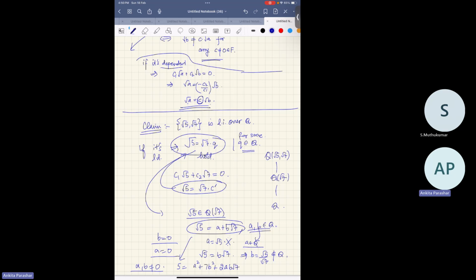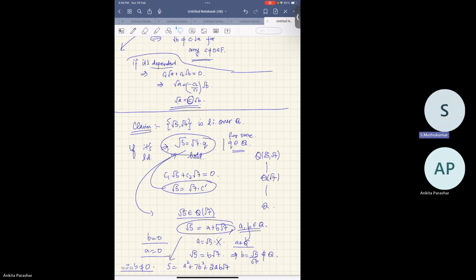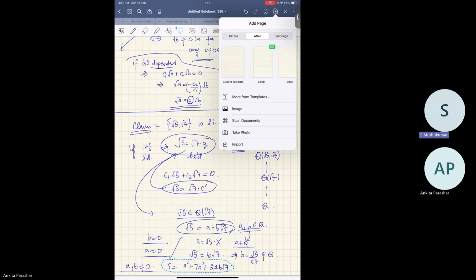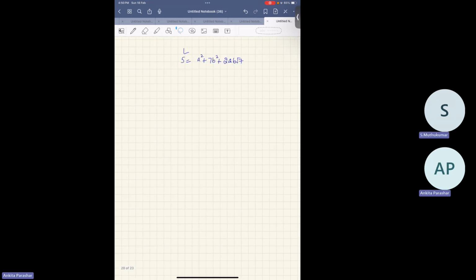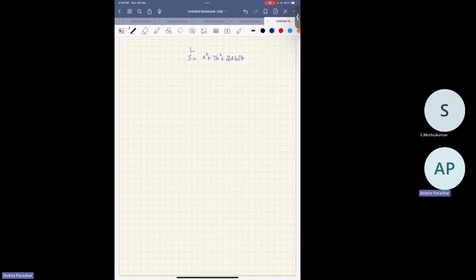Okay, now let me rewrite this statement. Just copy this. Okay, we got this. We get ab equal to 0? No, we have assumed a and b are both non-zero. So in a field, it's a domain. This will always be non-zero, right? Okay. So therefore, you can write this as... Now, I'm equating the irrational part on both sides, you get ab equal to 0, which is a contradiction.